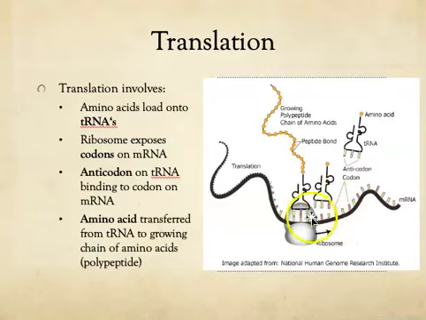That new codon will be exposed, and a new tRNA will come in, carrying a new amino acid. The ribosome will continue to translocate down the length of the mRNA until the entire mRNA has been translated and a new polypeptide has been produced.